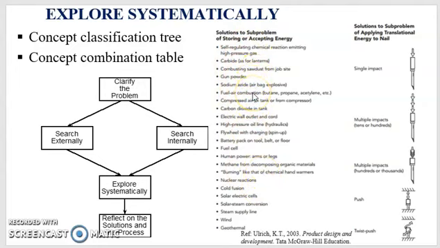Fortunately, there are two specific tools that are used to systematically explore all such possible solutions. These are the concept classification tree and the concept combination table.